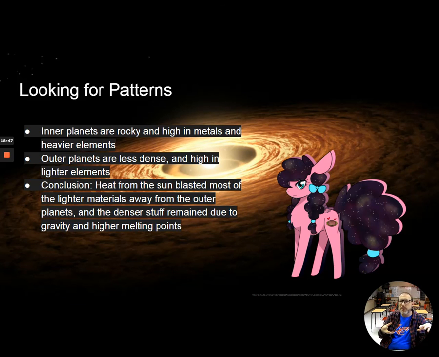They didn't receive as much heat or as much radiation, so they were able to keep hold of those lighter elements as gases and liquids. Whereas the inner planets, since they have heavier elements with much higher melting and boiling points, would be able to survive being closer in, as well as having greater density. Their gravity would draw them closer to that center of the early galaxy.